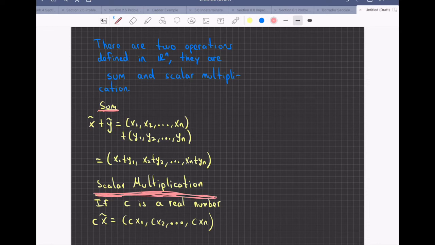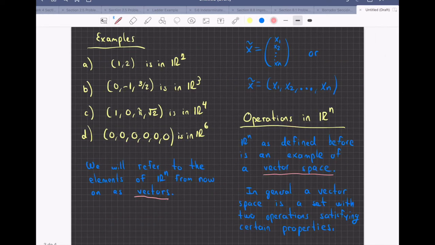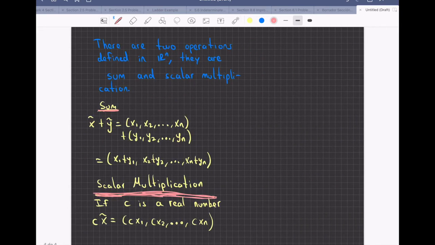So we have Rn, whose elements are vectors, and this is a vector space. It has two main operations defined on it, sum and scalar multiplication. And yes, a vector can be thought of as only a one-row matrix or a one-column matrix.